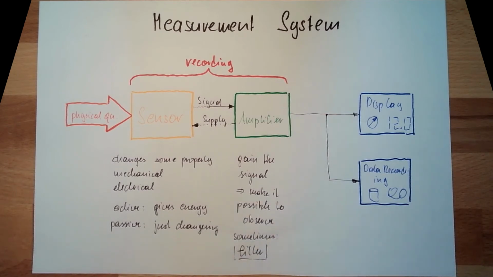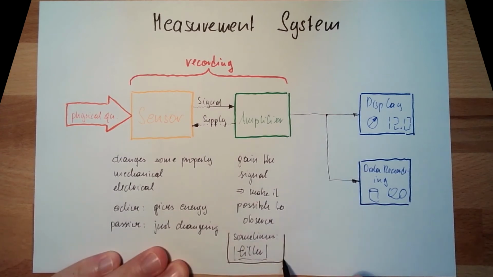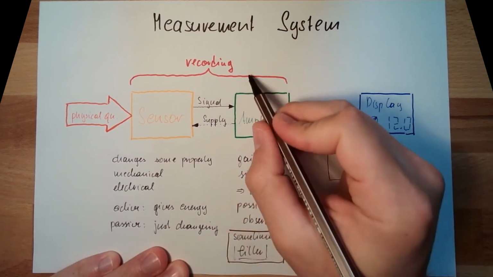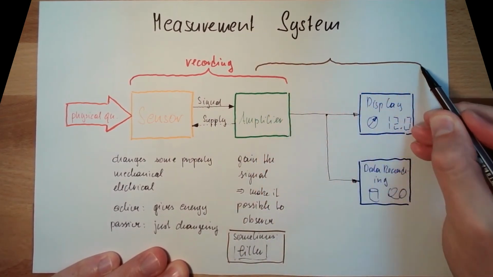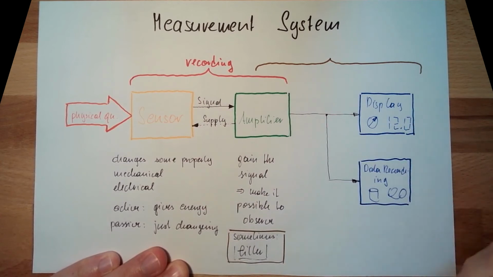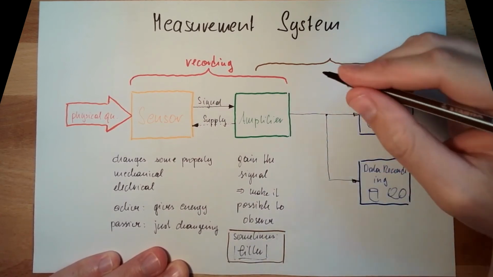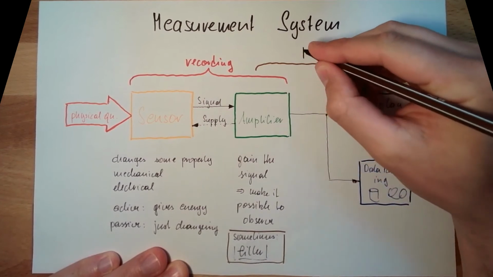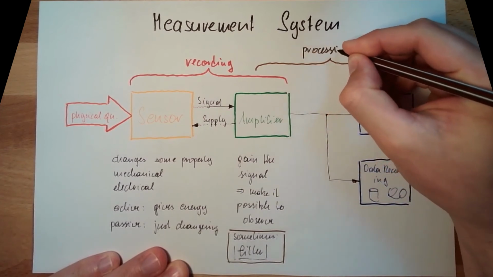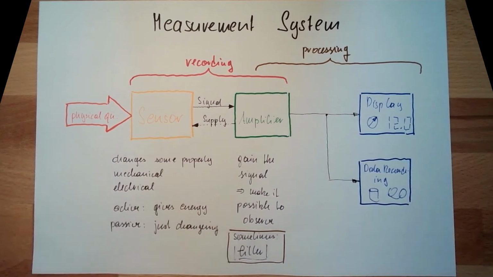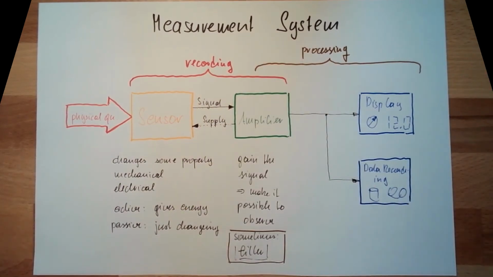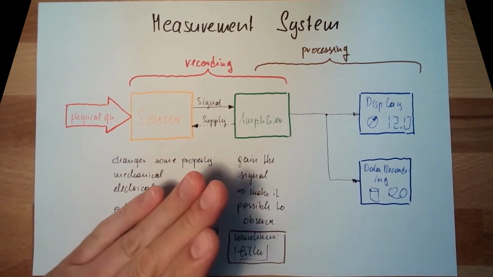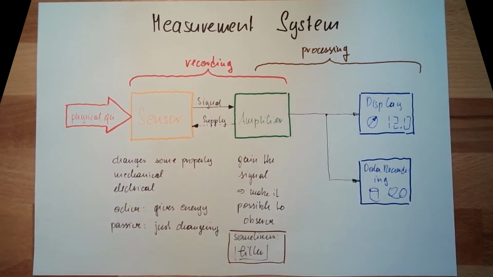This filter, and also this part, I will take a part of the amplifier and the display, data recording and so on. This is called the processing. Data processing. Messwertaufnahme, Messwertverarbeitung. And the only part of the amplifier which is in the processing is this filtering.